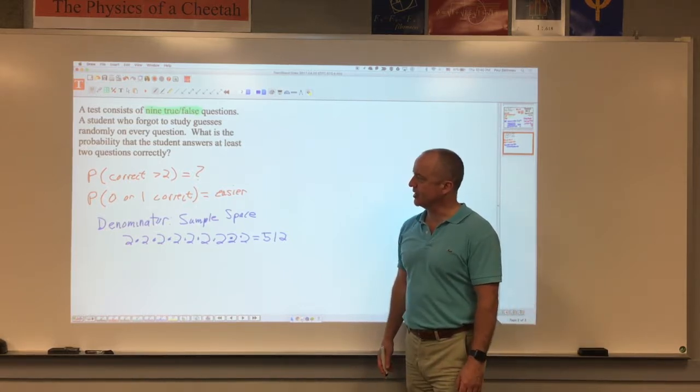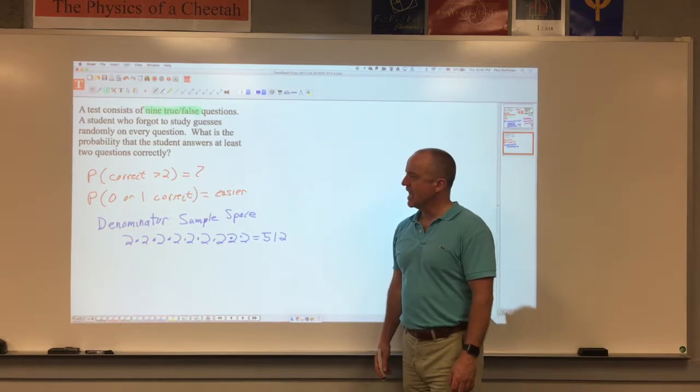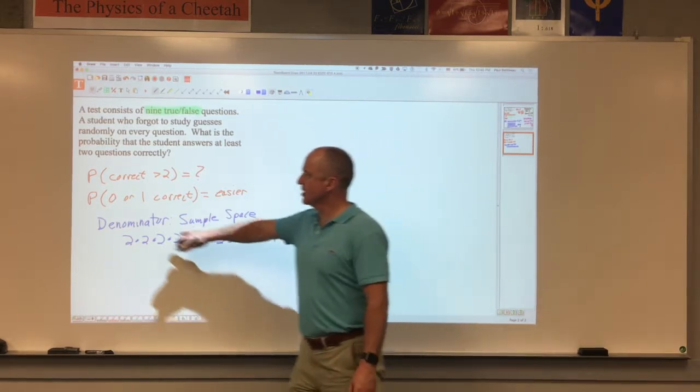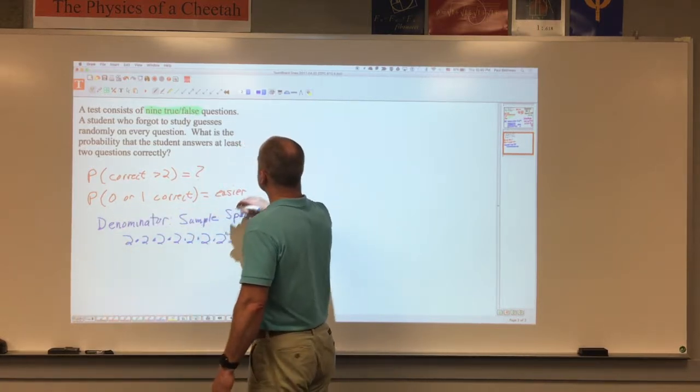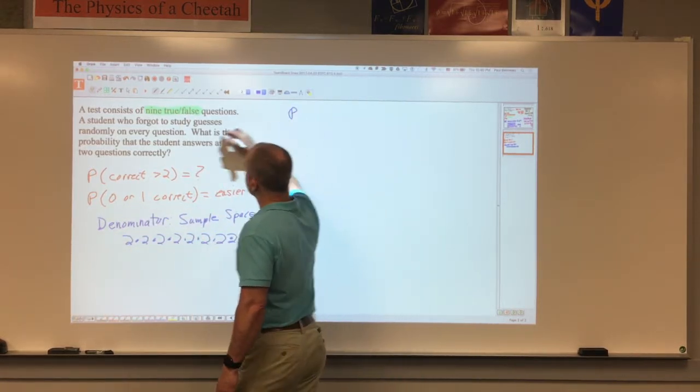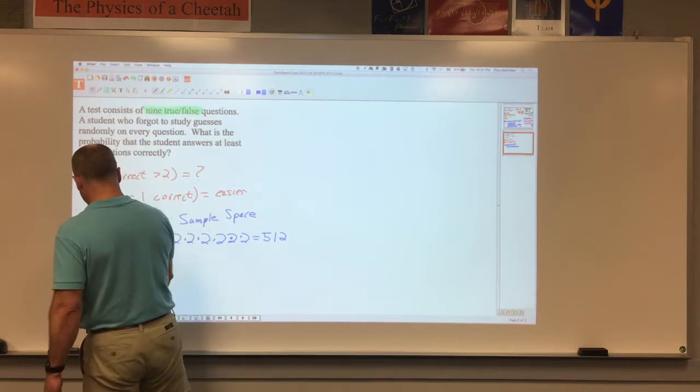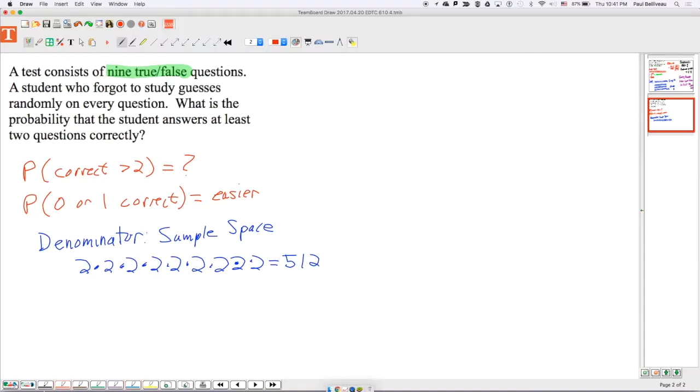Now let's look at the numerator here. How many ways can I get 0 correct? Well, okay. Let's see. The probability of getting 0 correct is, well, let's not even look at that yet.